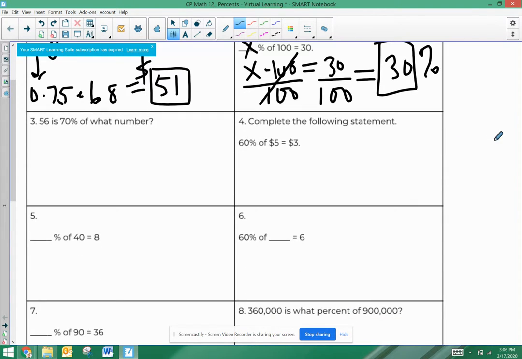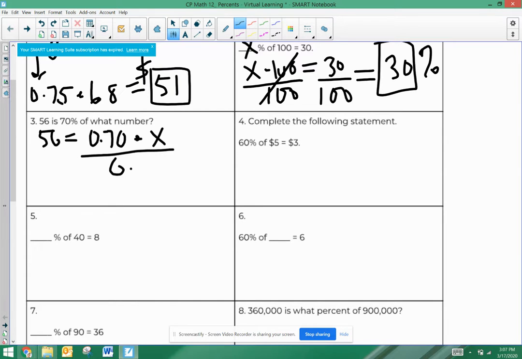Okay. Keeping it moving. 56 is 70% of what number? So we know that we're looking for a number that is bigger than 56. 56 is 70% of some bigger number. So I just translate this into an equation. 56 is 70%, so that's 0.70 of, that's the times. What number? We don't know the number, so we'll put an X there.